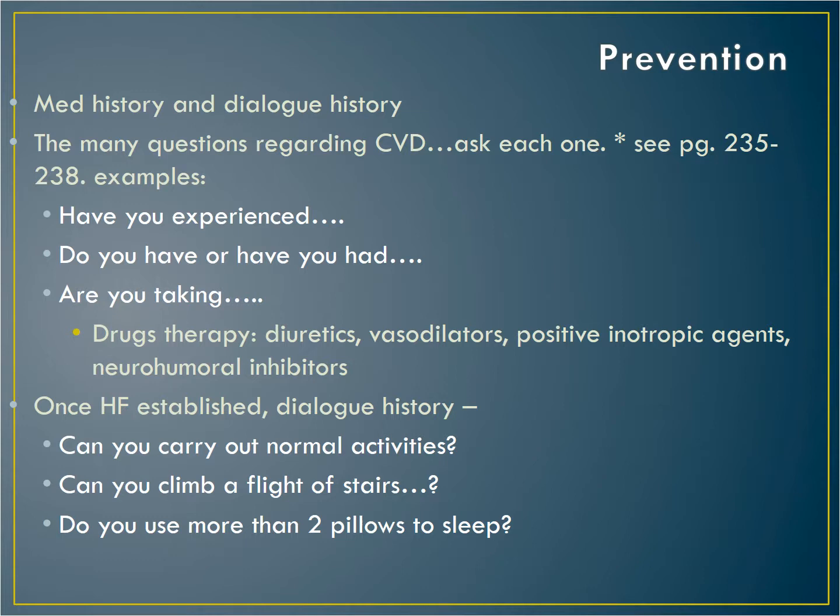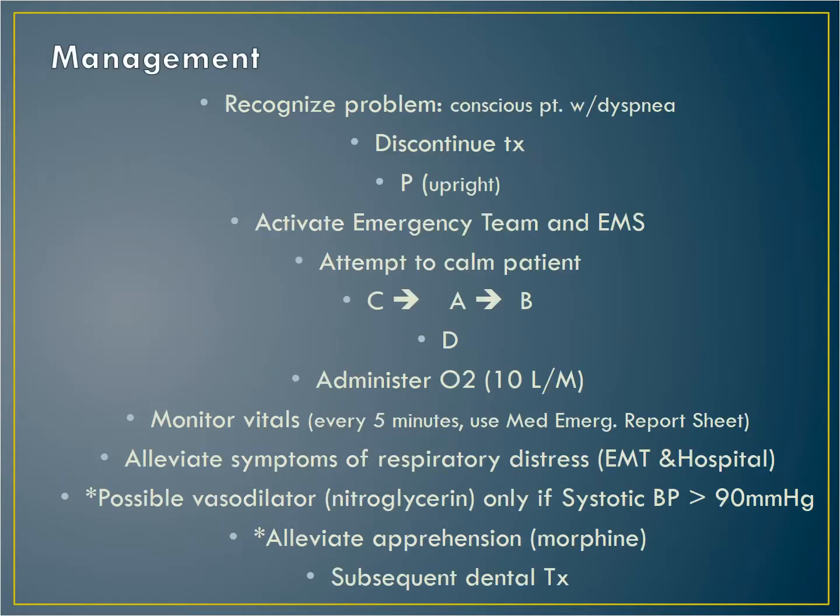And once heart failure has been established, the dialogue history would include, can you carry out normal activities? This is going to help you with your ASA classifications. Can you climb a flight of stairs? Do you use more than 2 pillows to sleep? Are they having to sit up when they're sleeping? That would indicate the left heart failure, left ventricular heart failure.